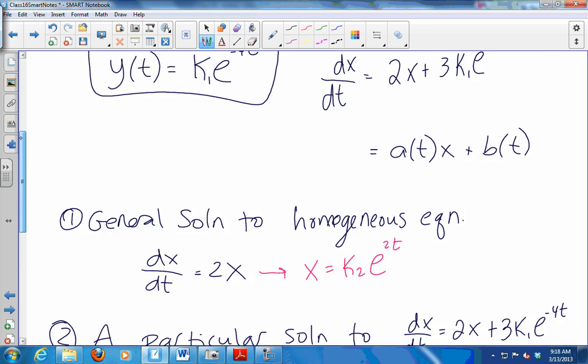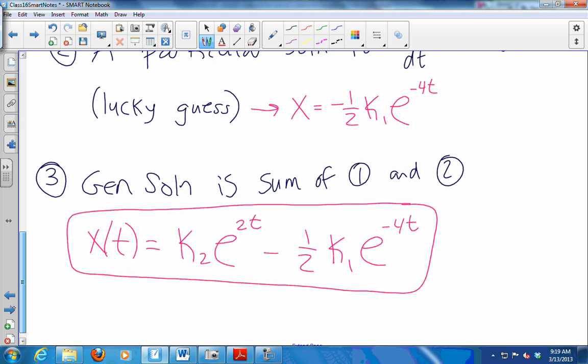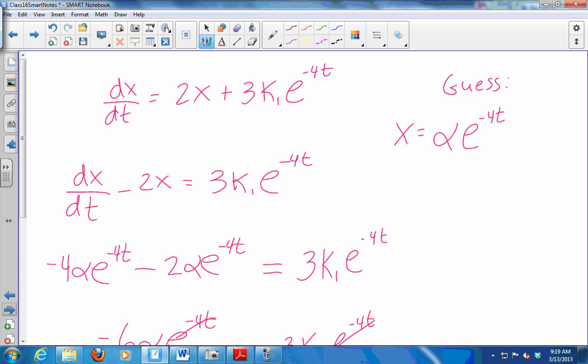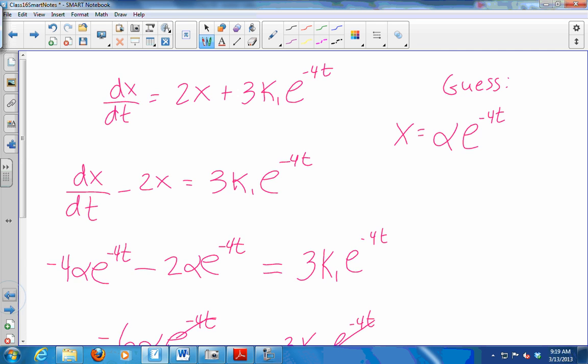And my y of t, remember, we already found, because that one was easy, because that one was totally dependent on itself. So I have an x of t and a y of t. That's the solution to a system. You have two functions, x of t and y of t.